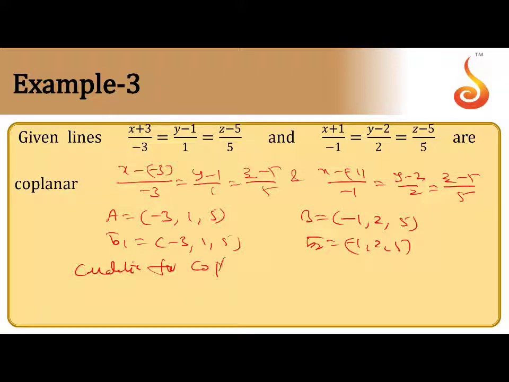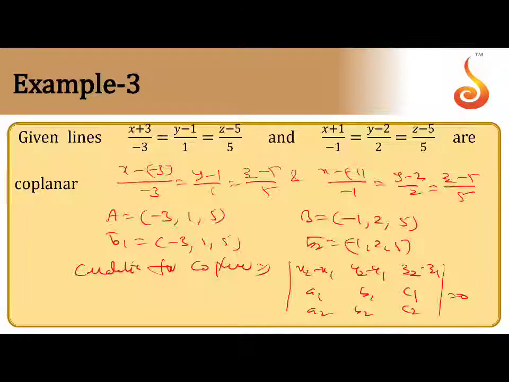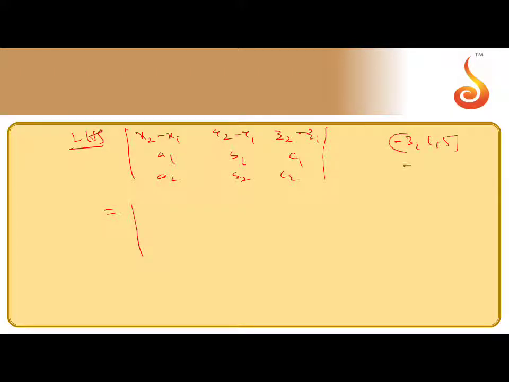The condition for coplanar is that the determinant of x2 minus x1, y2 minus y1, z2 minus z1, a1 b1 c1, a2 b2 c2 equals 0. So what is x2 minus x1? Now take the LHS. The first line's point is minus 3, 1, 5 and the second line's point is minus 1, 2, 5.